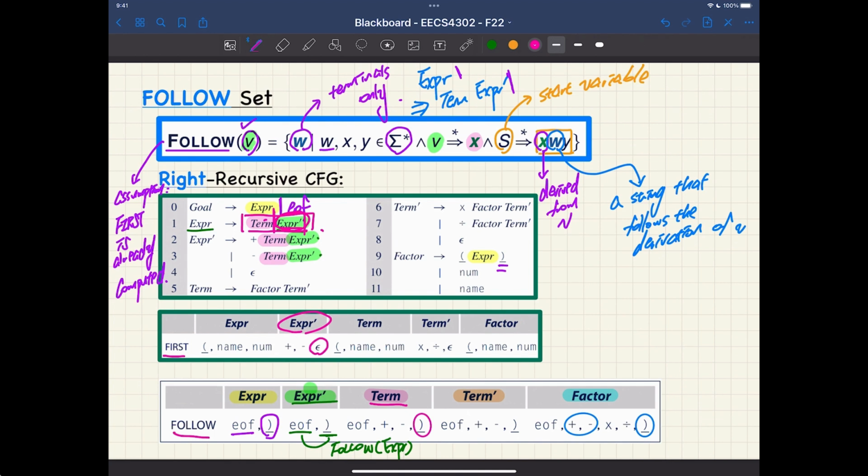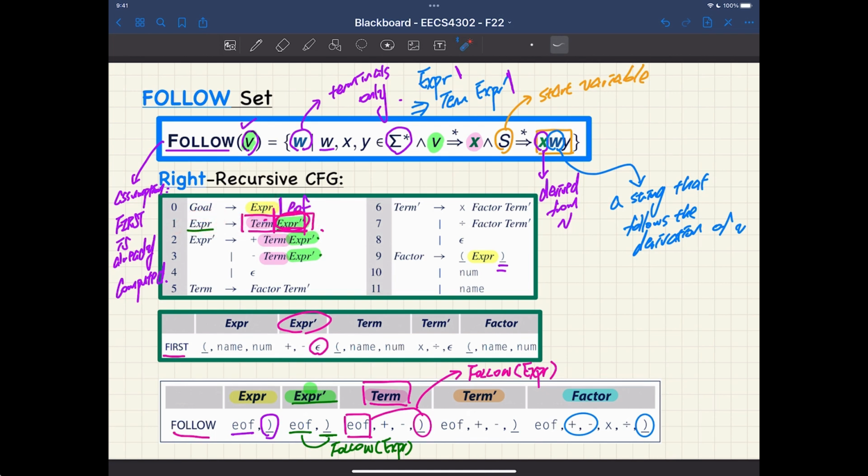I'll write this down a bit. So here for the turn, that will be EOF, and also this one here. So these two are simply the follow of expression. We want to calculate the follow of turn. It turns out the follow of expression should be included there because this rightmost component may be nullable. So that's why it can also follow.